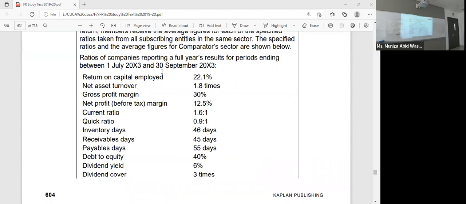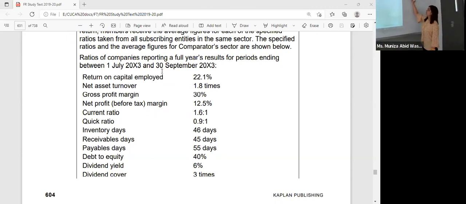Return on capital employed. What is the formula of return on capital employed? Who can tell me? Yes, students. Profit before interest and tax, or operating profit, divided by capital employed.